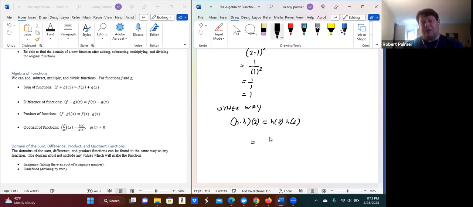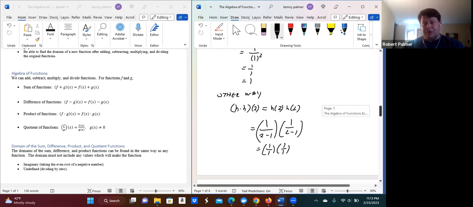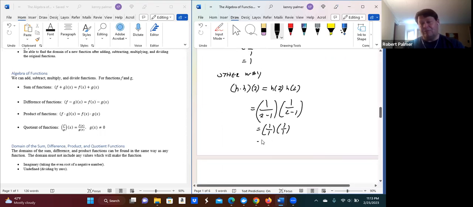All right, and so if I do that, that's going to be 1 over 2 minus 1 times 1 over 2 minus 1. And of course, that's going to be 1 over 1 times 1 over 1, which is just 1 over 1, which is equal to just 1. Same result. Okay, let's do one more example.